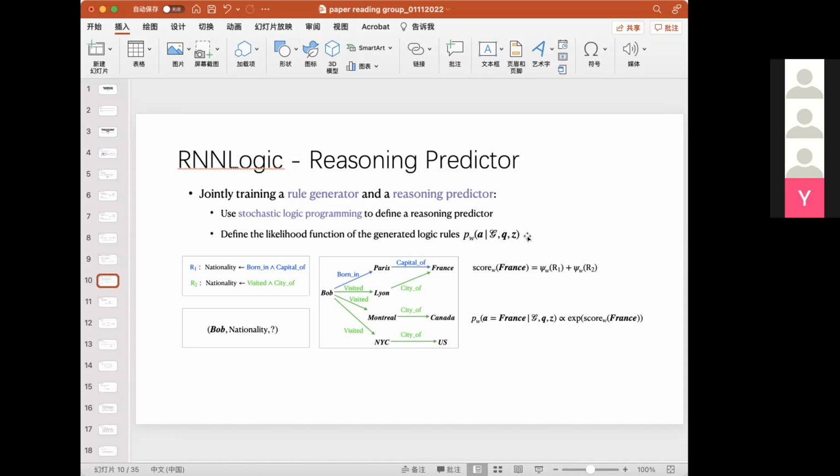Yeah. You said Z is the entire set of rules, or is it a selected set? The selected set. So they use some threshold. This Z is generated by the rule generator. And R1 and R2 are just parts of Z, is that right? Right. Okay.